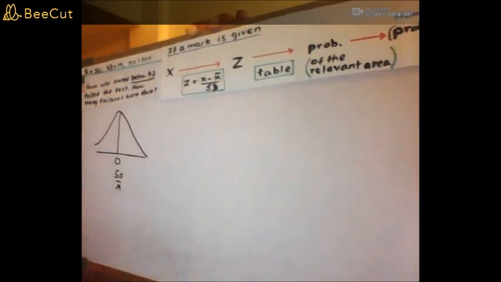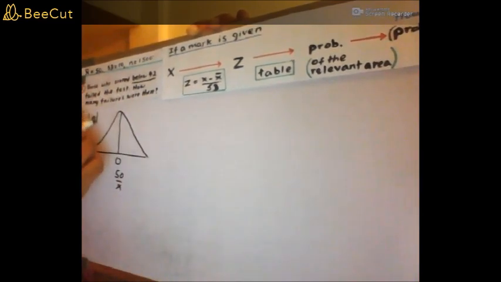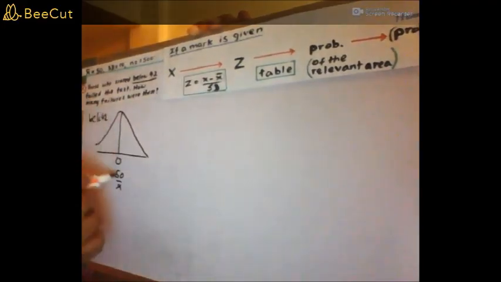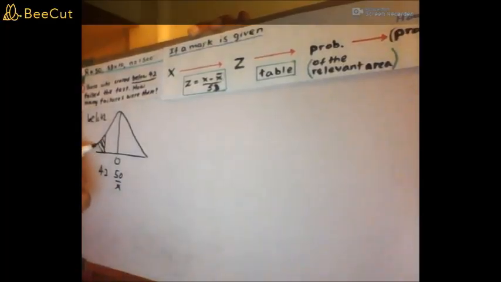Always put those. Right? Go to this one, below 42. Where's 42? On this side. 42. Draw the line. Go to the condition. Below 42. Shade the area.